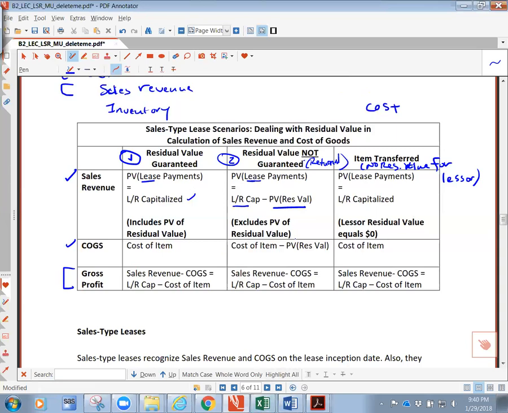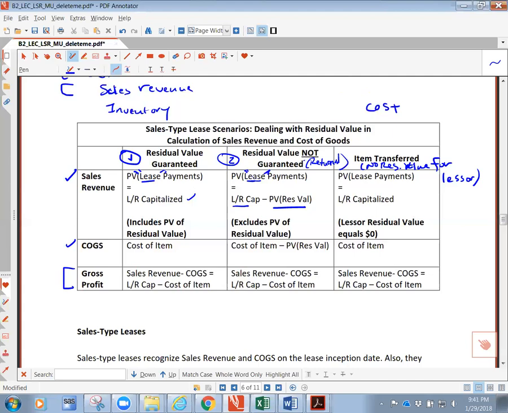But you're saying, hey, Dr. Sierra, this makes no sense. It's the present value of lease payments in both cases. Well, let me put my air quotes. Lease payments, we're talking about the GAAP definition of lease payments, right? So that's the rent payment, if you will, the monthly or annual payment for using the item, but it also includes any guaranteed residual value if there is one.